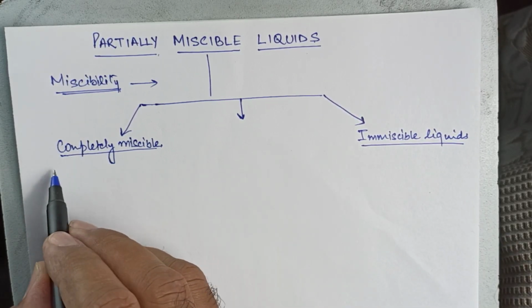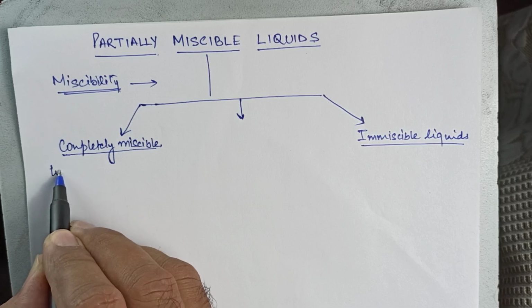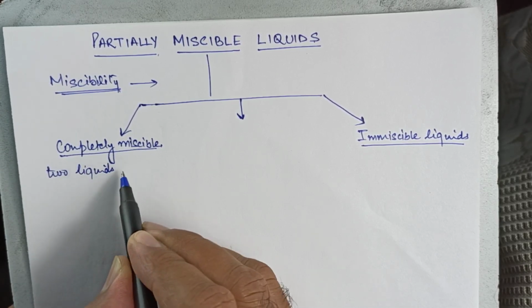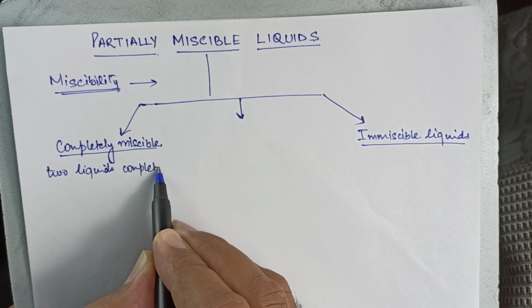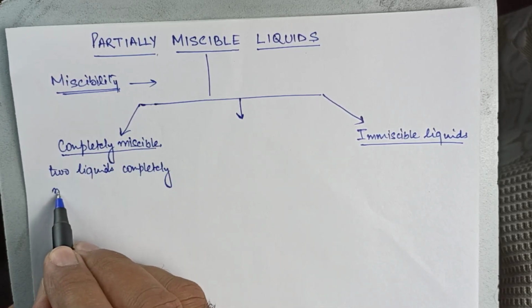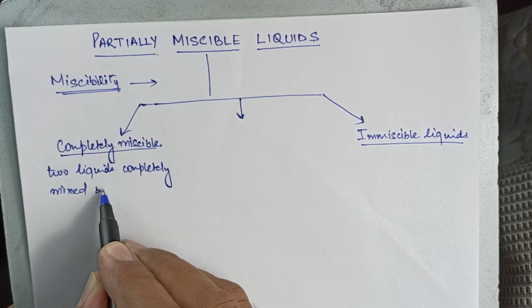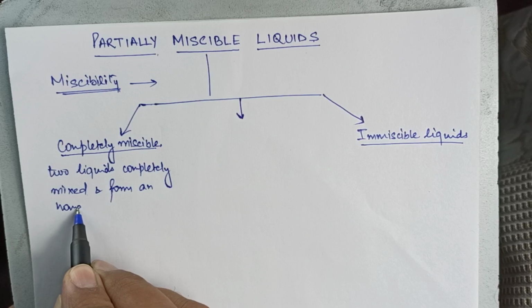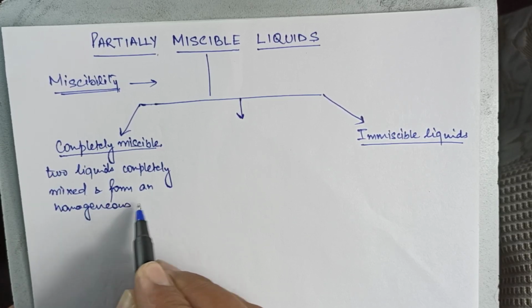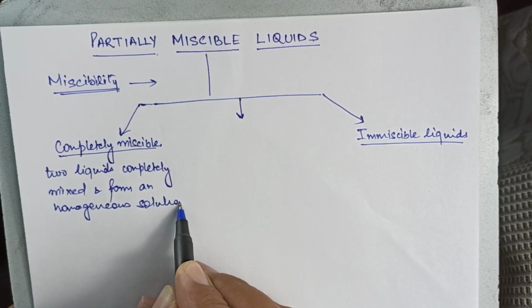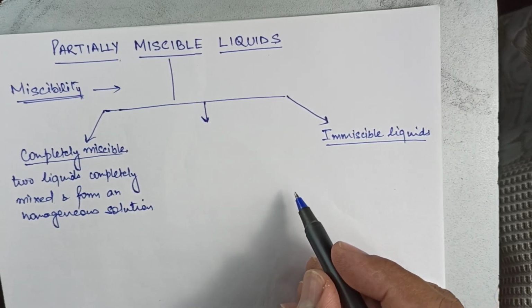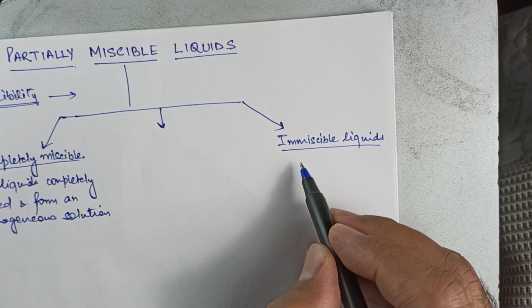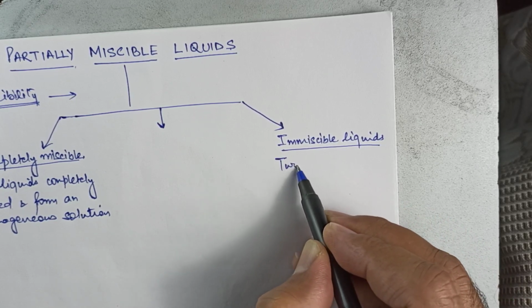Miscible liquids are those in which two or more liquids get completely mixed and form a homogeneous solution.